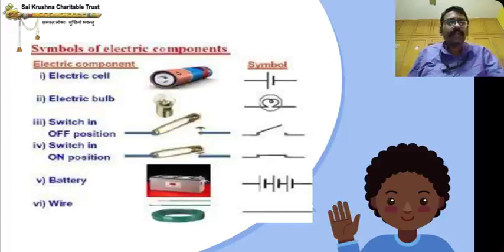Battery, how the battery will look. Wire, how it will look, that's the symbol. So once again, I have given electric cell, electric bulb, switch in off position, switch in on position, battery, and wire also.